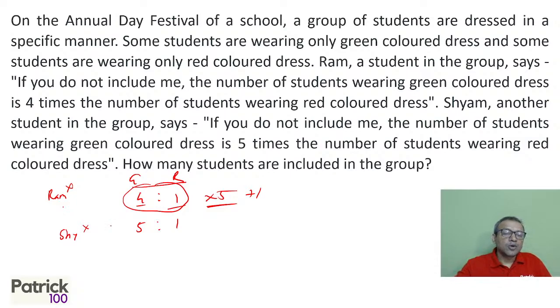In the same logic, if Sham is not there, the ratio is 5:1. That means the total has to be a multiple of 6 plus 1. Because if you include Sham, the total is a multiple of 6, that is 5:1.